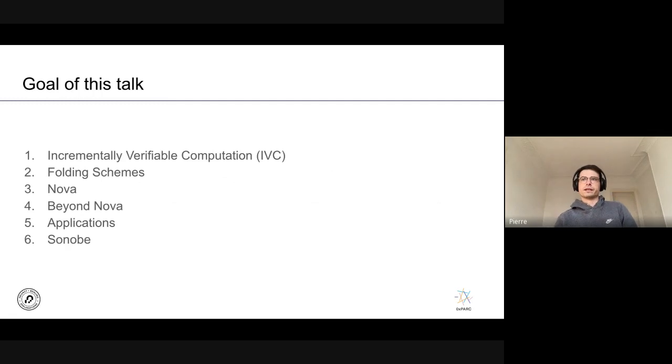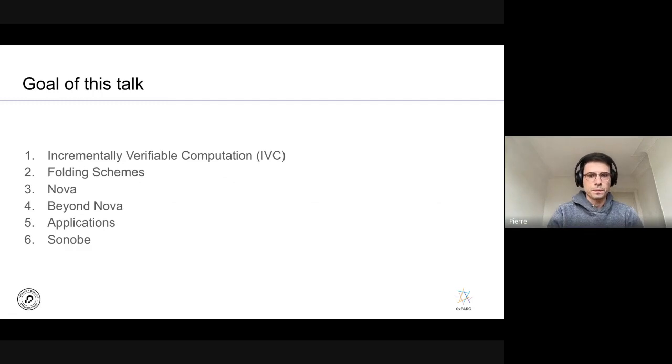That makes Nova the must-read paper if you are interested in folding schemes and IVC in general. The paper is not super easy to grasp at a first read, so I will try to give you an intuition of the main idea behind how Nova works.